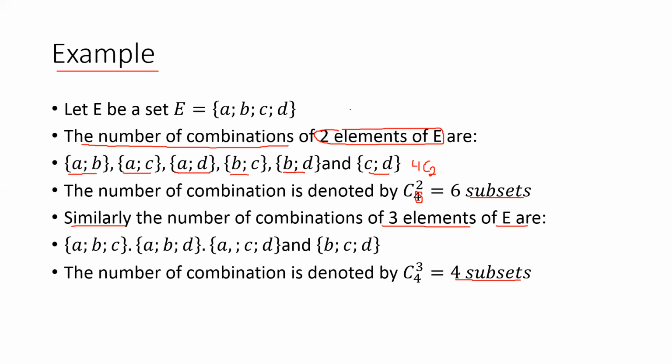Type, George. If I need the combinations of 4 elements, how many combinations of 4 elements? A B C D. Yes. C 4 4. How much do we get?